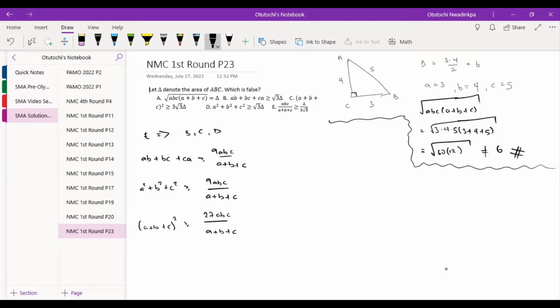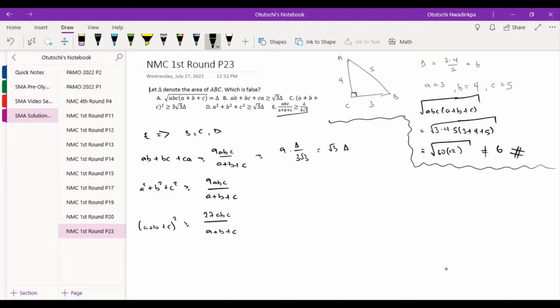If I can show these three, and I can show option E, which is ABC over A plus B plus C is greater than or equal to delta over 3 root 3, then this is in fact greater than or equal to 9 times delta over 3 root 3, which is equal to root 3 delta, which is what we wanted.